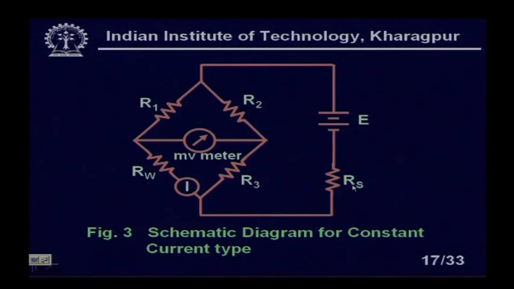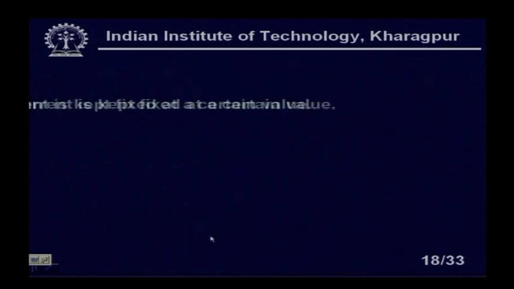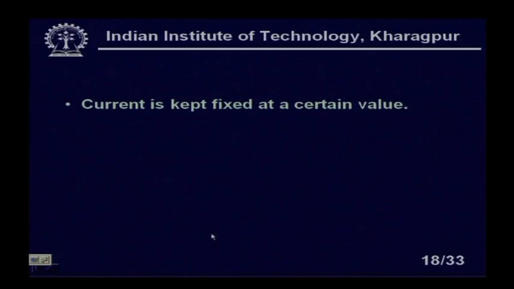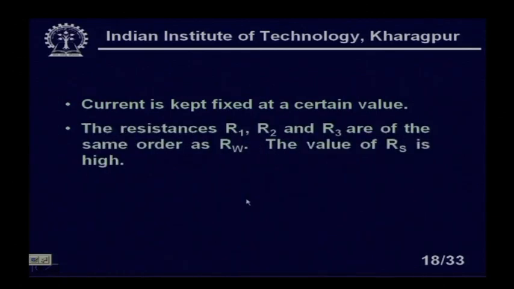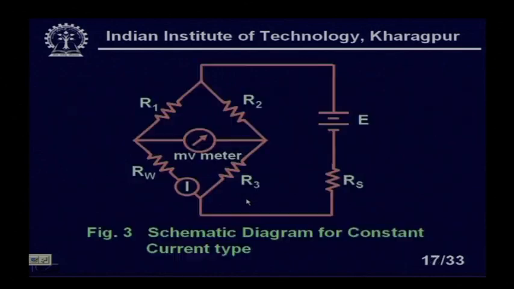Now, this resistance is so high compared to this resistance, you will find due to the change of flow, even though the resistance will change, the change of current will be insignificant, right. So, current is kept fixed at a certain value that can be measured by the ammeter. With the ammeter we can see whether the current is remaining constant or not.